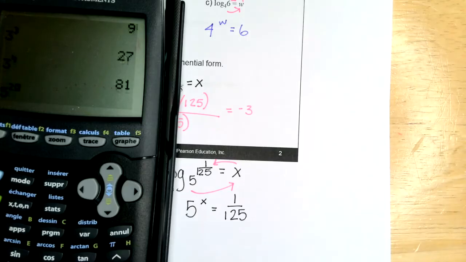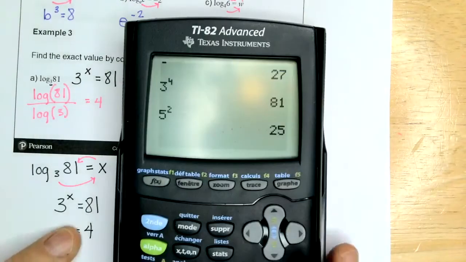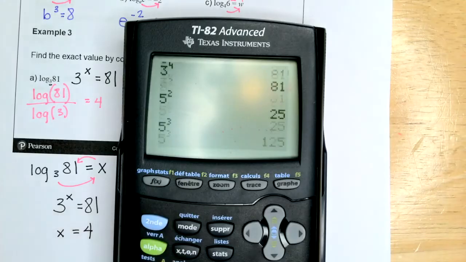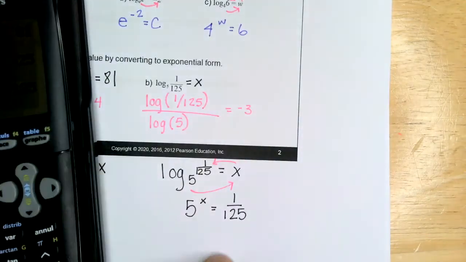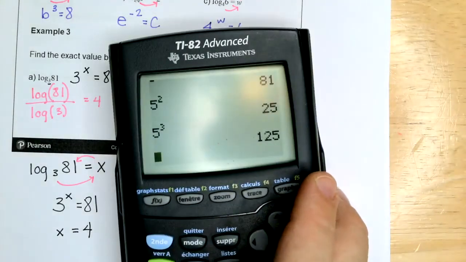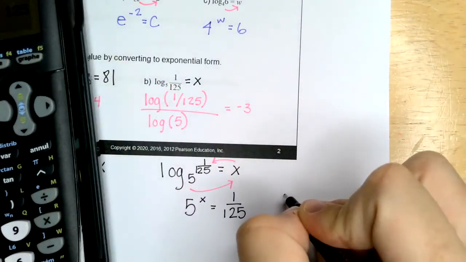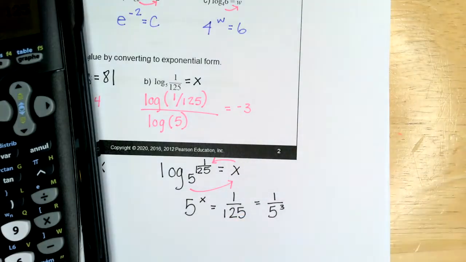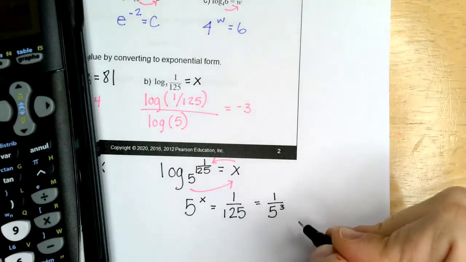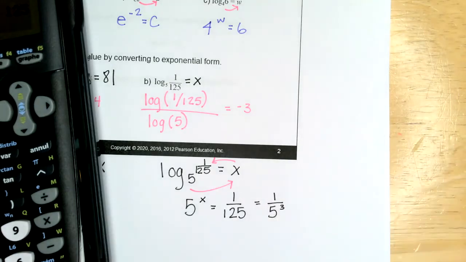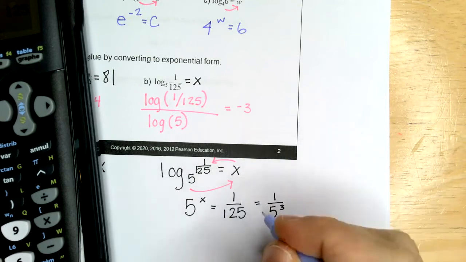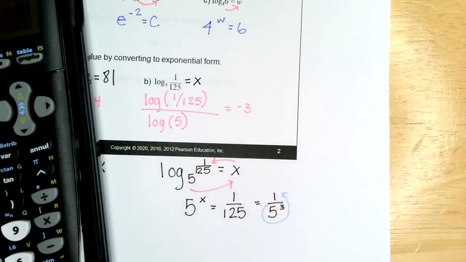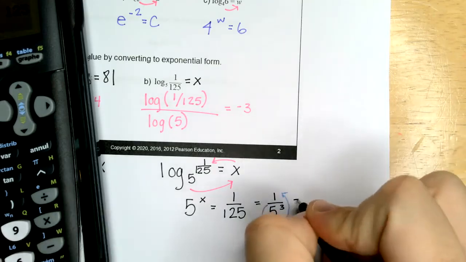5 to the second is 25. Sorry. 5 to the third is 125. But it's down here. Yeah. I think that means it's 1/5 to the third, right? And if I want that to not be a part of a fraction, I move it to the other side of the fraction bar and change from a negative to a positive, or a positive to a negative.